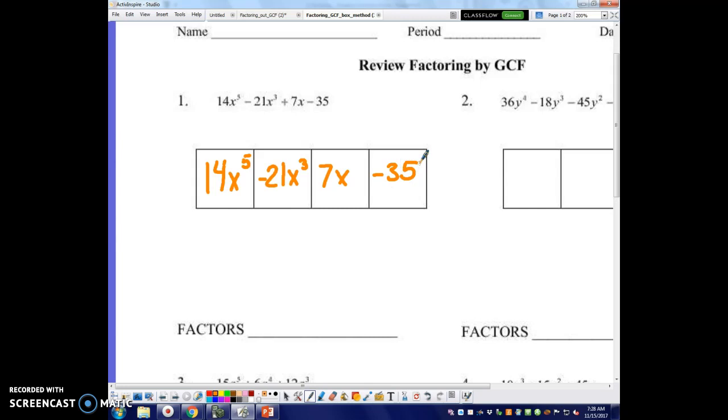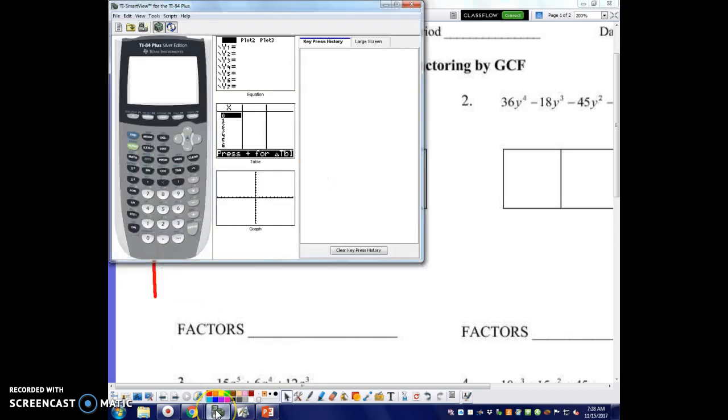So what we want to see is what do all of these have in common? What's their greatest common factor? Okay? So how we're going to do that is let's do the numbers first. Let's write out all the factors of 14. So you have the sheet in front of you, but if you don't have a sheet in front of you one day, you can do this. Y equals, I believe it's 14 divided by x.